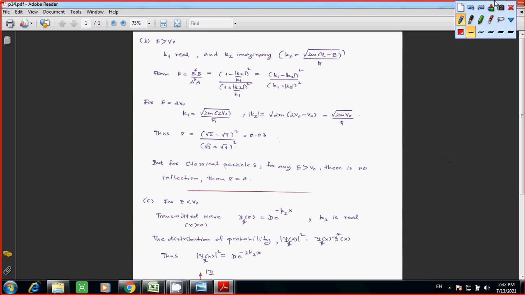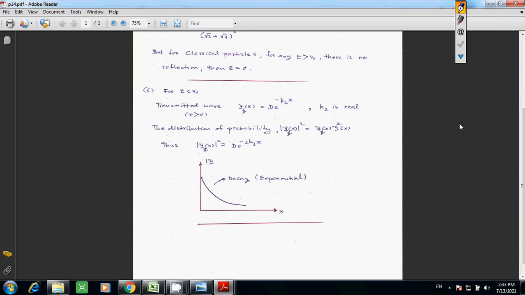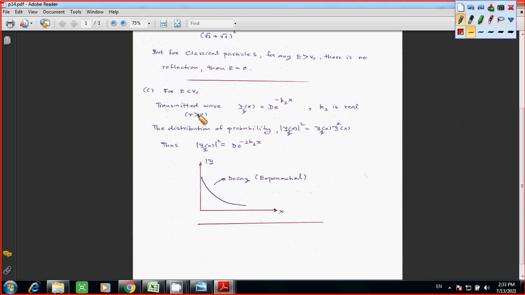Now what about part C? It asks you to plot the distribution of probability, which is the magnitude of the wave function, in region number 2, of course, the transmitted region. That becomes the wave function multiplied by the wave function conjugate, where the wave function in region number 2, the transmitted wave, is equal to d exponential of negative k2x, where k2 is real because E is less than V0.